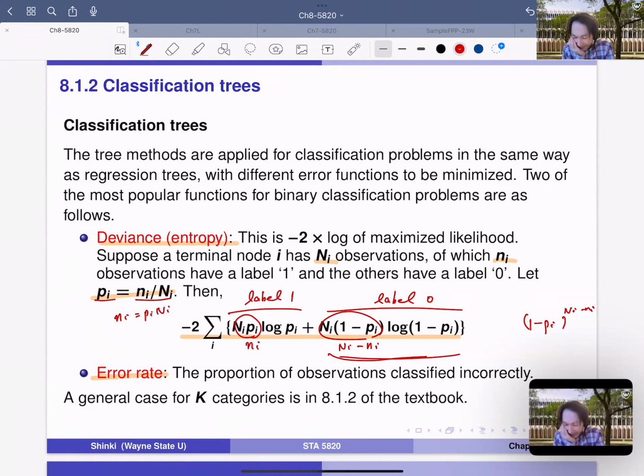Thank you. So suppose that we only have 300 observations, then probably I would go with deviance, because error rate has less information, right? Error rate is just like maybe 15 out of 300 are incorrect or something. That is a pretty small amount of information.